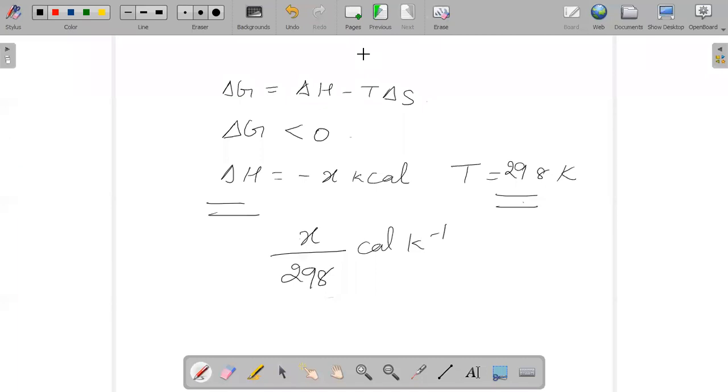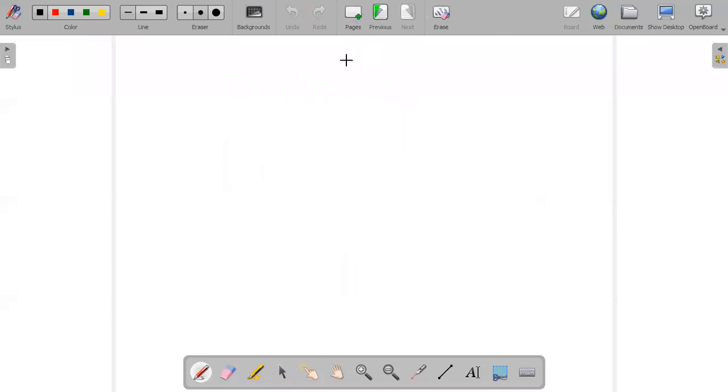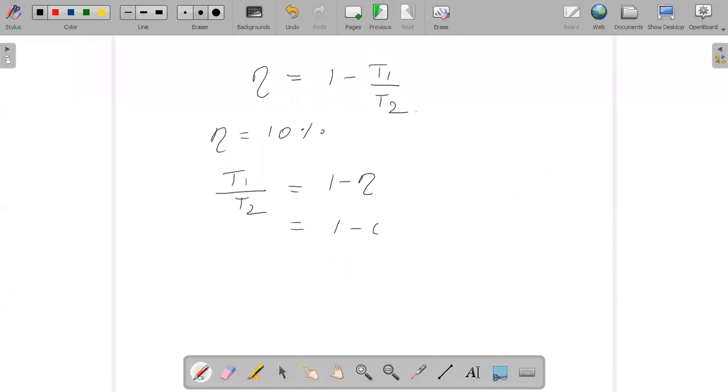So when I try to calculate that, it is equal to 1 minus T1 by T2. Here they have given this to be equal to 10%. And if I want to calculate T1 by T2, I'll get 1 minus 0.10, because it's 10%. We'll get it to be 0.90, or approximately 90%.